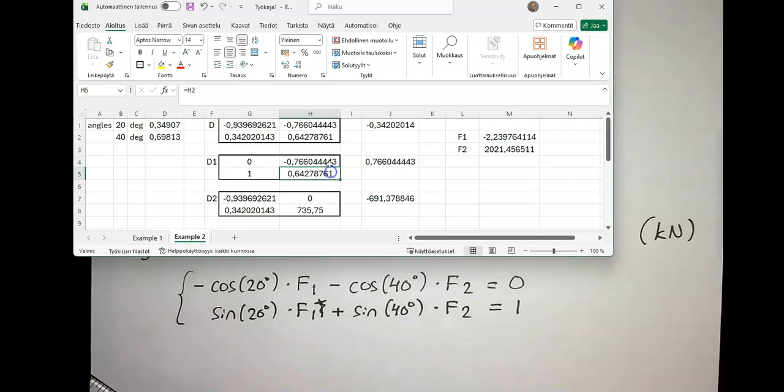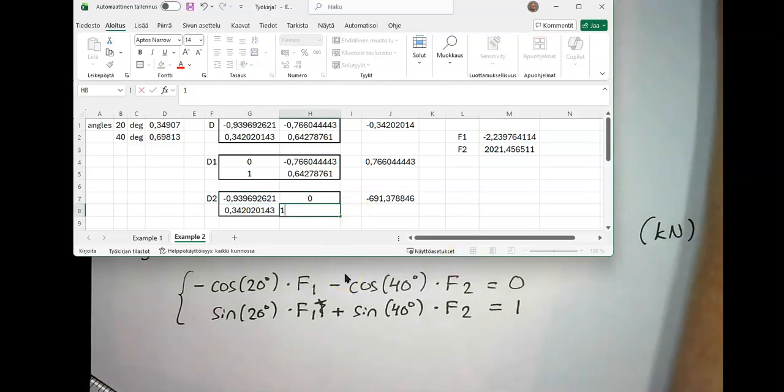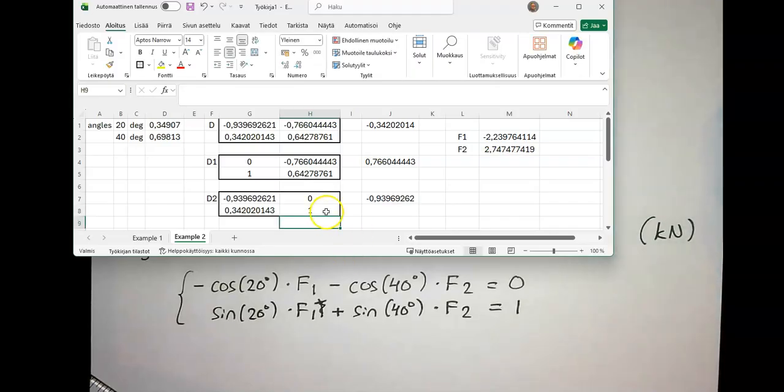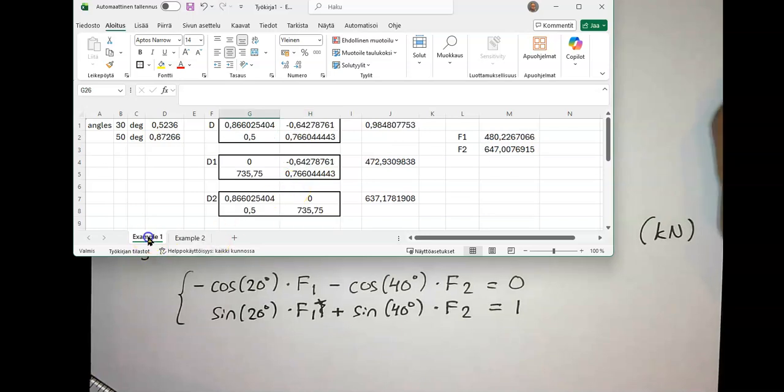These values were copied from that first determinant, so I don't need to change those. And also here, these were copies from the first determinant. But here I need to change this value to 1.